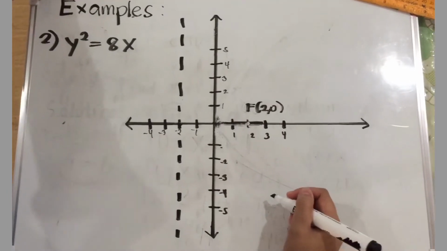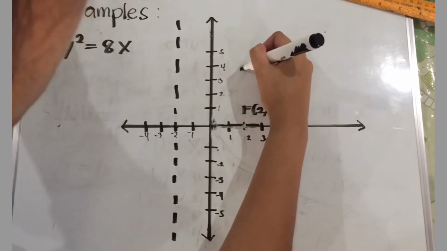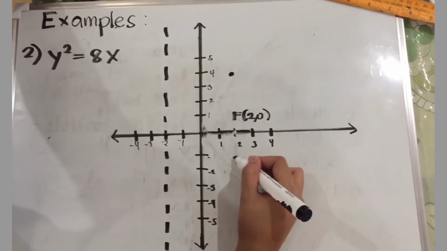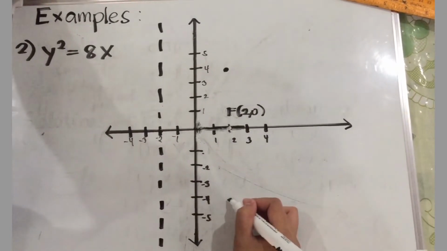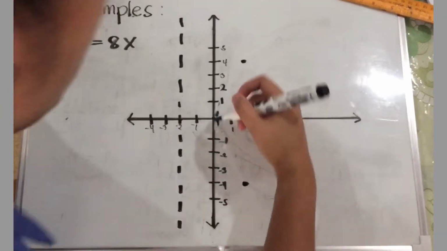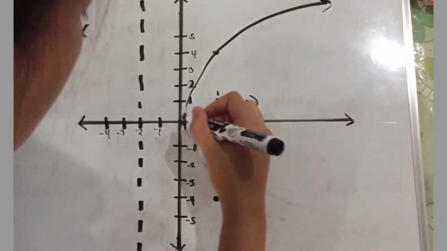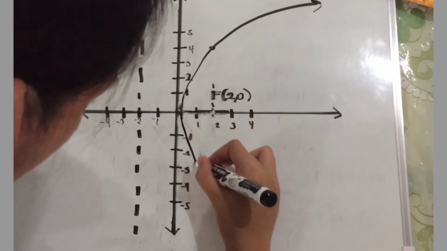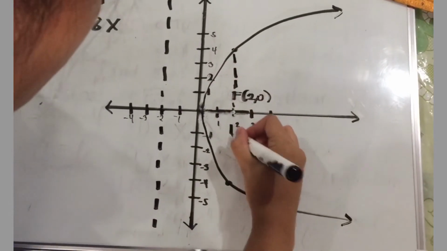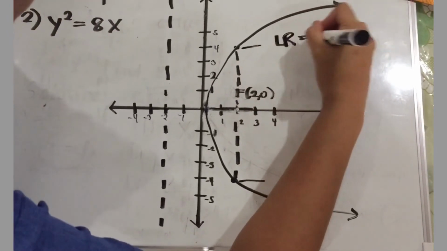So we move 4 units upward, 1, 2, 3, 4 from the focus. And the other downward 4 units from the focus, 1, 2, 3, 4. So the parabola will look like this. LR is equal to 8.